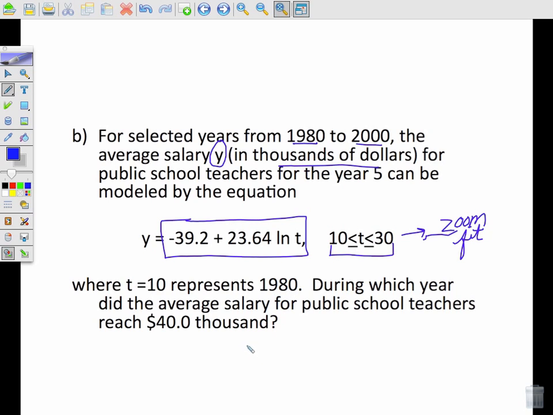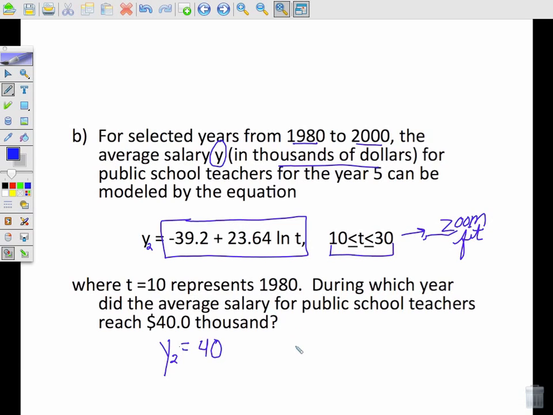t equals 10 represents 1980, and it says during which year did the average salary for public school teachers reach $40,000? So you can do Y2 equals 40, and that will help you with your graphing, and then what you can do is calculate where they intersect, and that should give you a result.